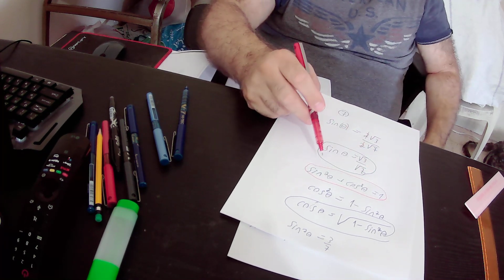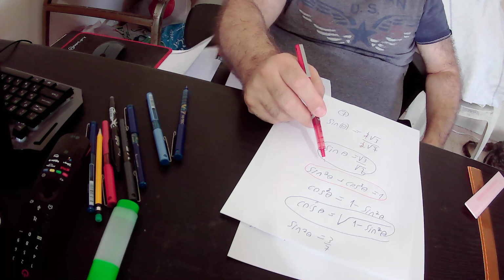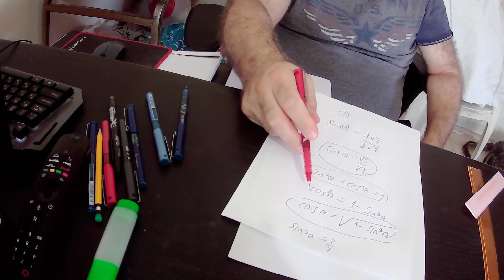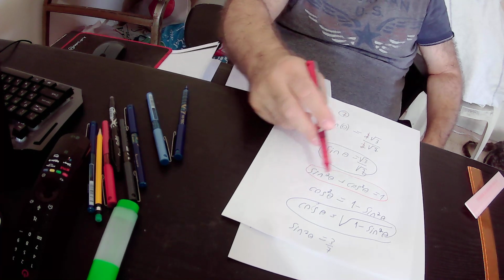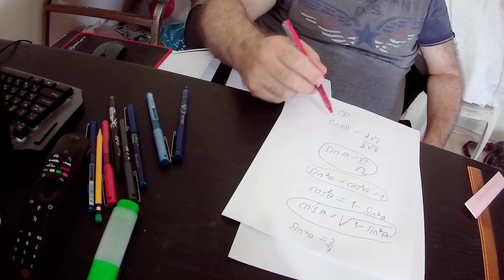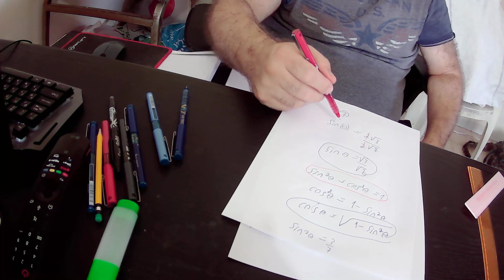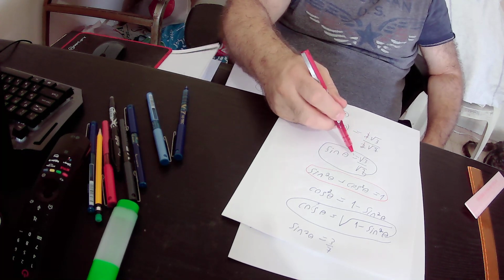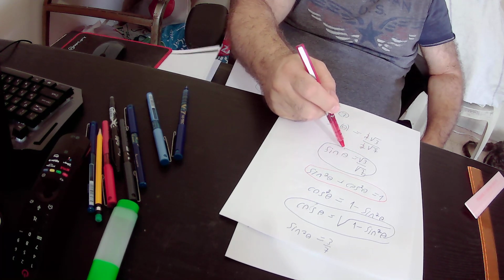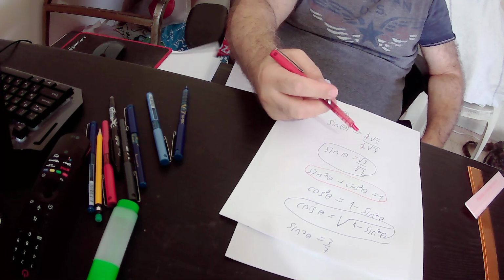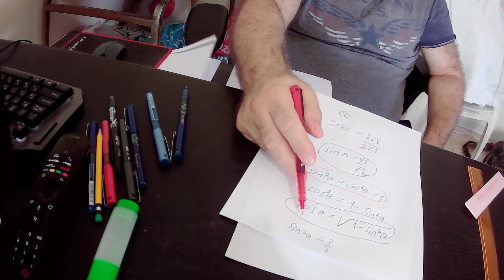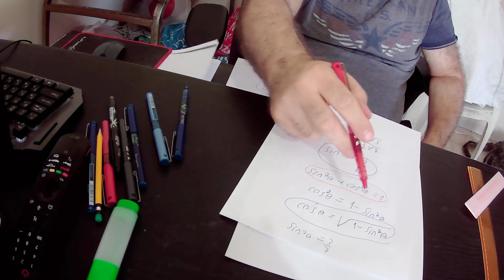We subtracted sine theta squared from this identity, and we got that the value of cosine theta equals the root of 1 minus sine theta squared. We know that sine theta equals the root of 3 over root 7. So sine theta squared will be equal to 3 over 7.